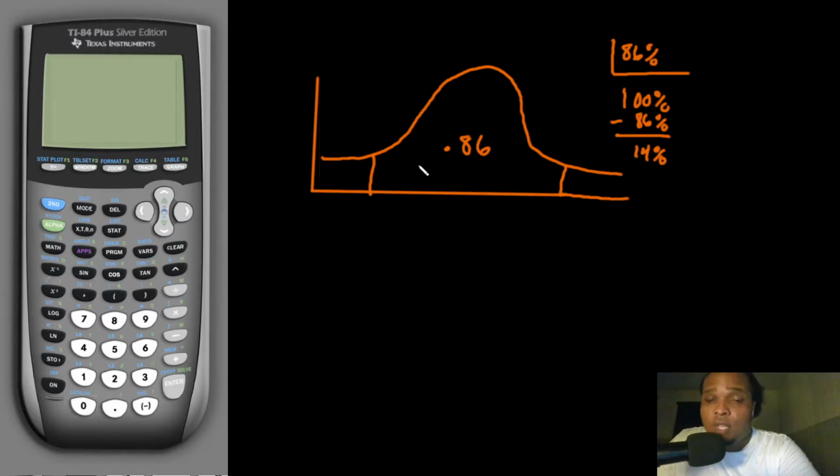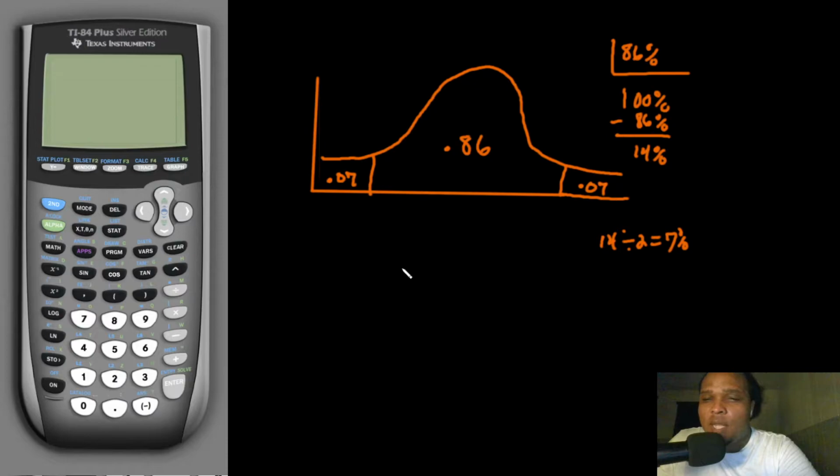So both of those tails together, the left tail and the right tail, when you add them together, would give you 14. So the 14 is distributed between them evenly, right? So just take the 14 and divide by 2, and you're going to get a 7%. So remember, 0.07 is 7%, right? So go ahead and put your 0.07 here and your 0.07 here.